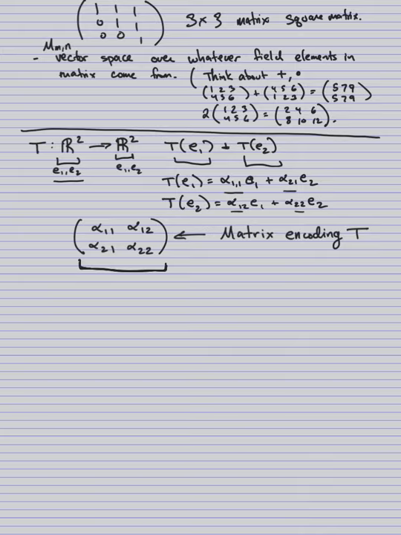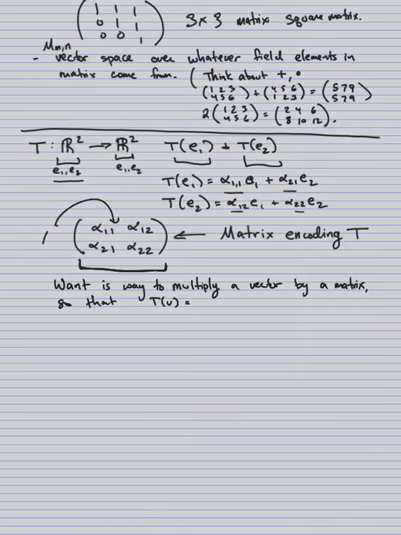Okay, so what we want is a way to multiply a vector by a matrix so that when I take T of V, it's the same as multiplying by some matrix. I have to call this matrix something. Maybe I'm just going to call this A, so T of V is AV, okay?